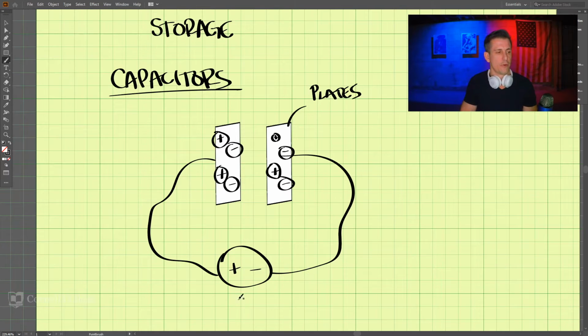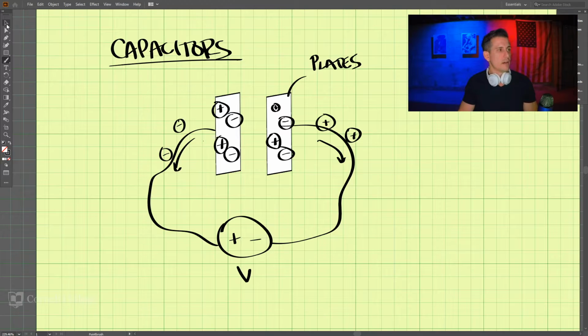Well, because this is positive here, it attracts the negative charges, which start moving this way towards the positive. And on this side, we have the positive moving this way.